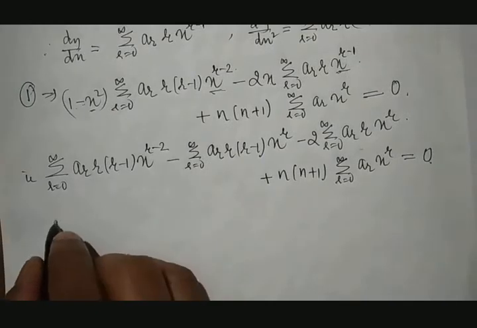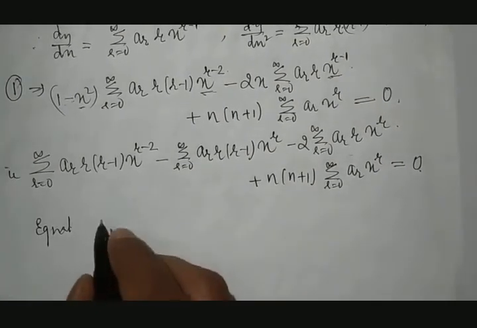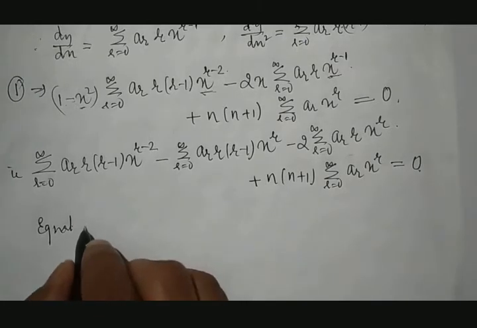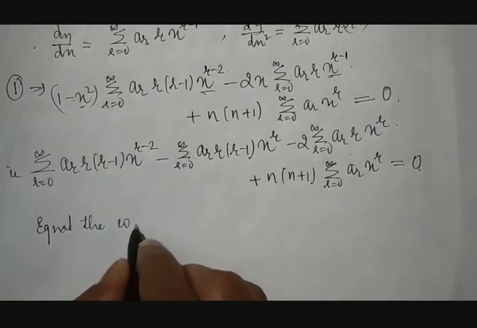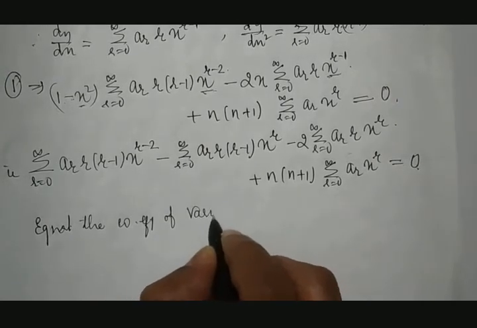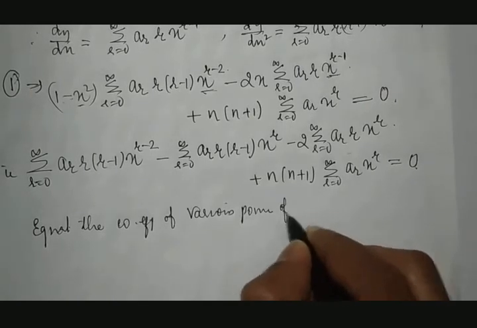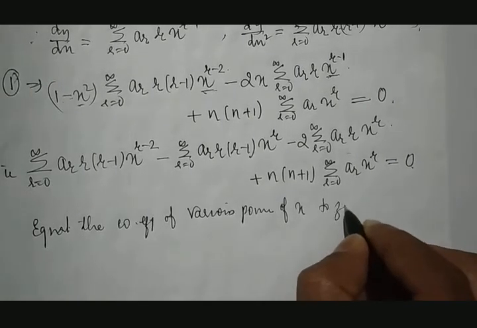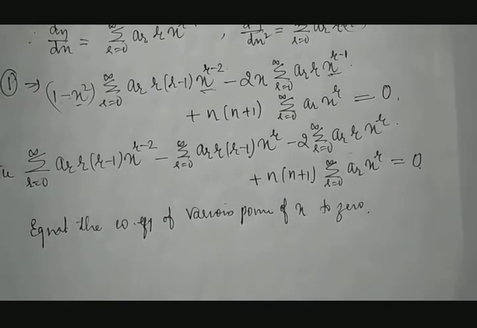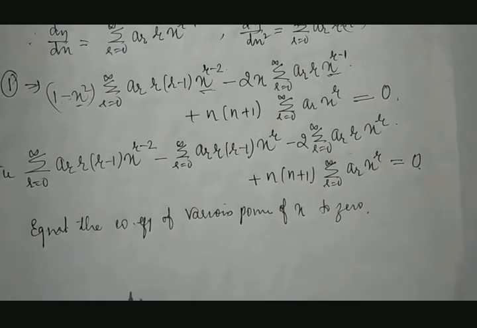Then let us equate the coefficients of various powers of x to 0. What will be the various powers here? If you see the things, we will come to know.